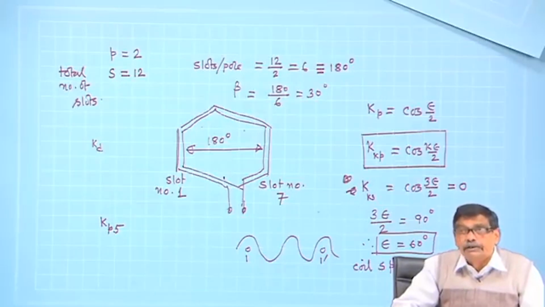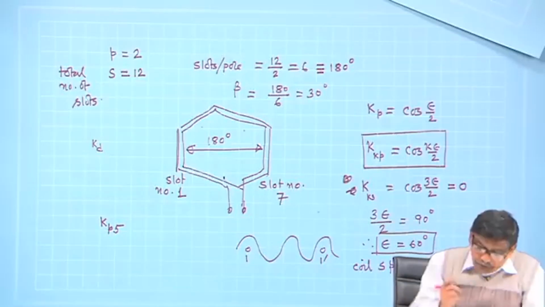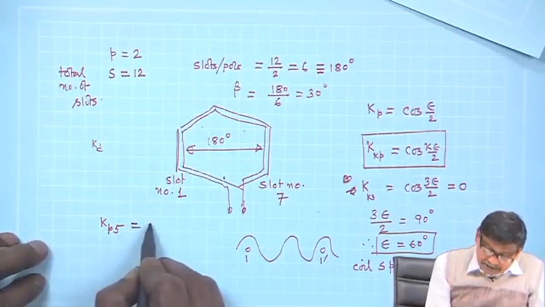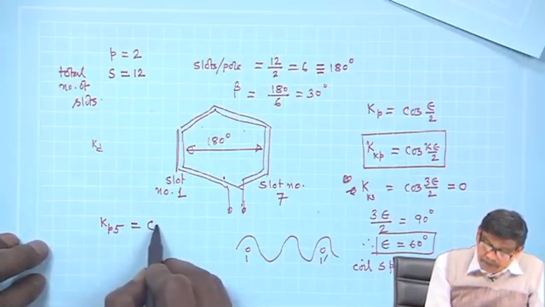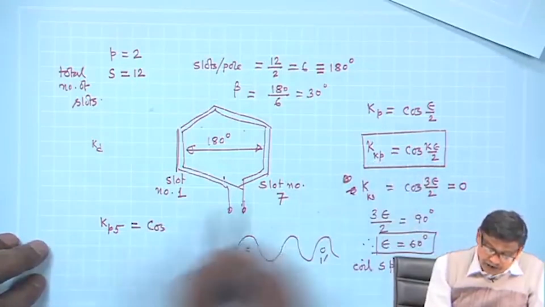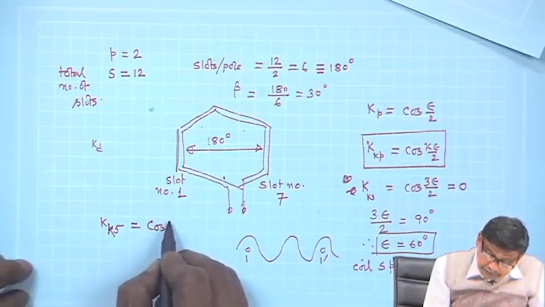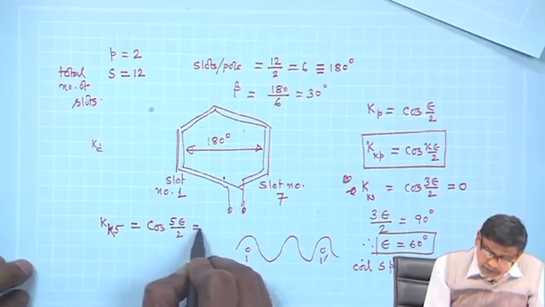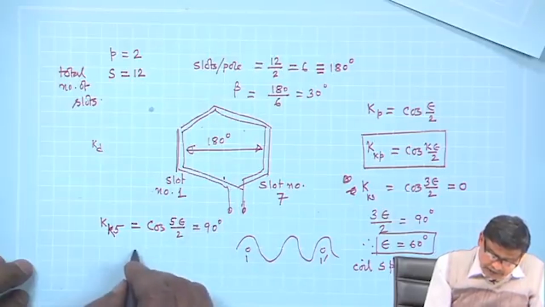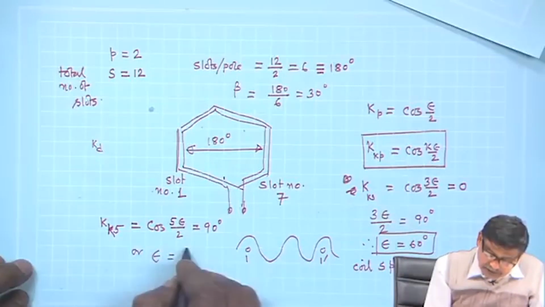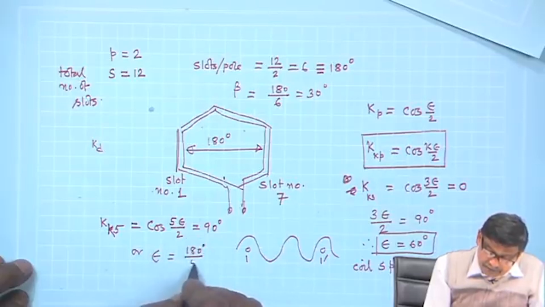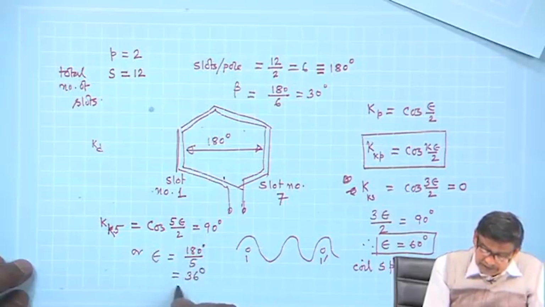If you want to get the pitch factor for fifth harmonic, put k equal to 5 here, it will be 5 epsilon by 2, and try to set it to 90 degree, and then epsilon is 180 by how much? 5. How much is it? 36 degree.